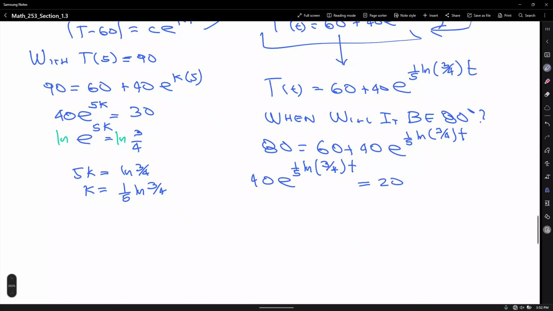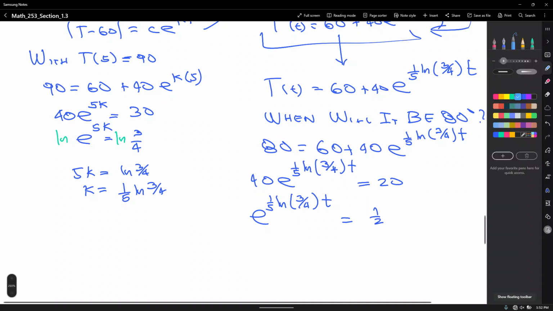Dividing both sides by 40, e to the 1/5 ln of 3/4 t equals 20/40. Isn't that a half? Or 0.5, either way. That's 1/2. And guess what? We're going to take ln a second time.